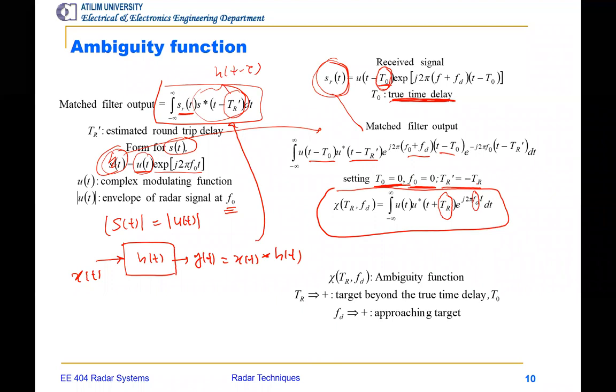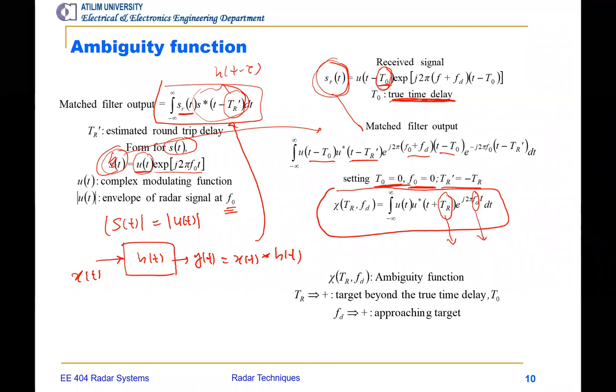Here we consider a target which is in motion, moving, and we'd like to determine its range and speed. Range will be extracted from this TR, and the speed will be extracted from this FD.